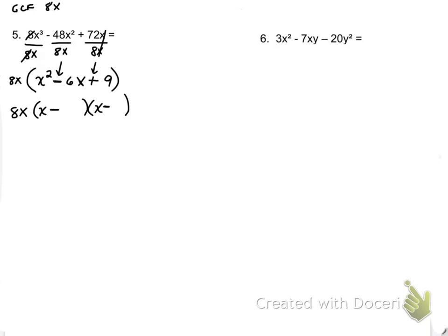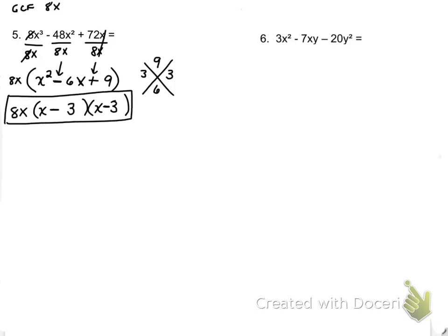Okay. Now we need two numbers that multiply to be 9 and add to be 6. And that would be 3 plus 3. 3 and 3 multiply to be 9 and add to be 6. So that's what goes in your parentheses.